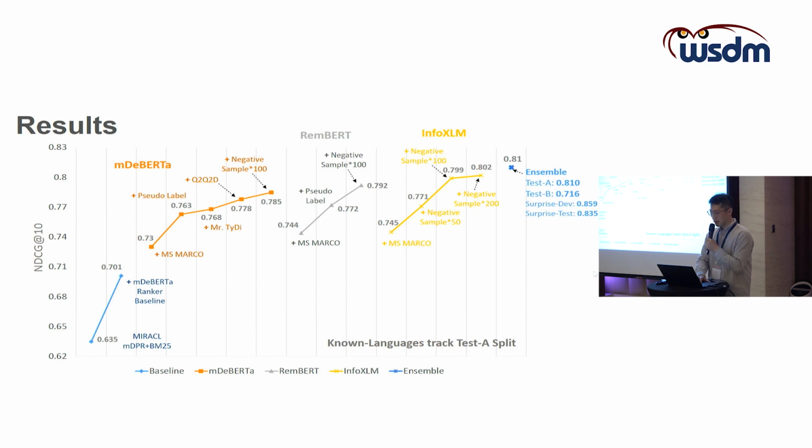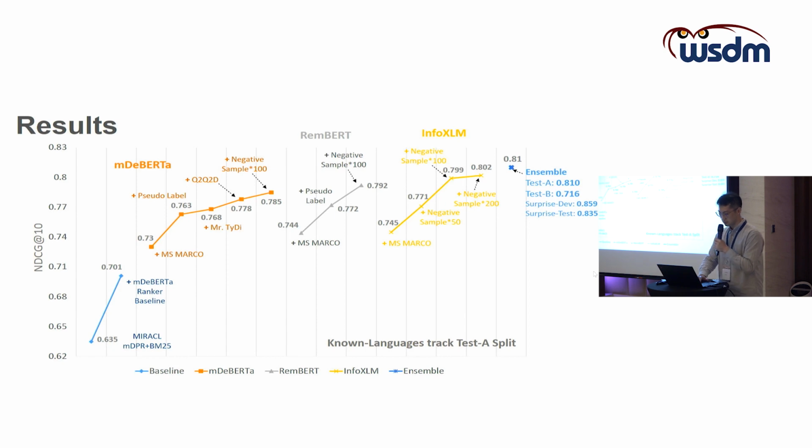As shown in the Info XLM experiment line, the yellow line on the graph, we can see that the score increases from 0.764 to 0.802 as the number of negative samples increases from 5 to 200. We found that using 100 negative samples is a good trade-off, as the improvement is much more pronounced when increasing the number of negative samples from 5 to 100 than from 100 to 200. Finally, with a simple ensemble, we were able to achieve the final score.